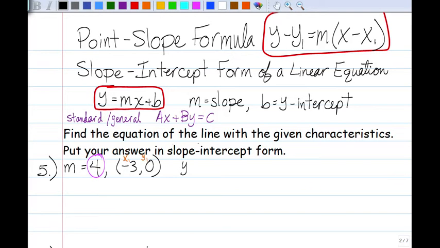We're not going to plug anything in for that. So it's going to be y minus, then we plug in the 0 in place of y1, equals m, which is 4, parentheses, and then again this x is still going to be x, minus x1, which is -3.